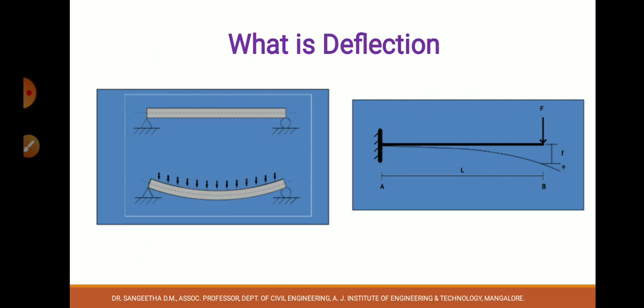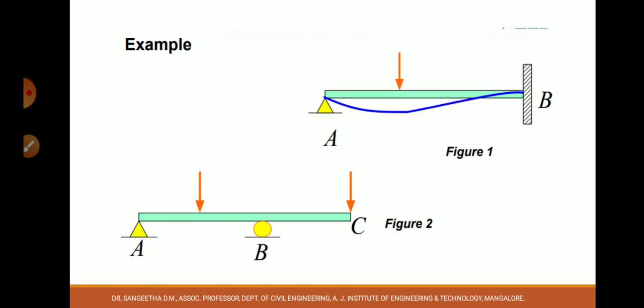That deformation can be deflection or rotation. Here it is displaced from its original position and that is known as deflection. Again here, this straight line is the initial position which is displaced, so that is known as deflection.